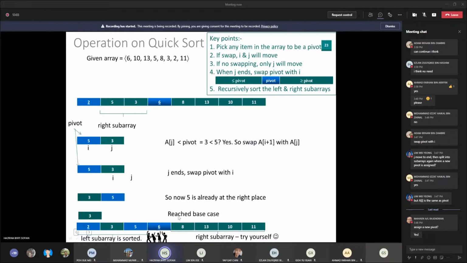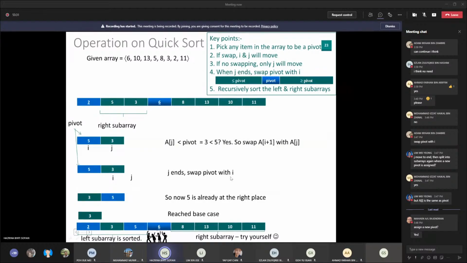Therefore the 5 and 3 will switch places, so we get 2, 3, 5, 6, a half sorted array. We have sorted this. The right subarray is still unsorted, and you can use the same way.